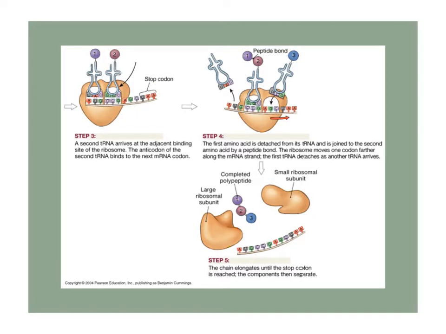Is it there? Yeah, I skipped one. Okay, here it is. I hit it twice, I guess. So anyway, as they do this, they will move off and be reused. The transfer RNAs will pick up more of the specific amino acids they can carry. And then as they do this, bonds form between those amino acids until eventually you have the protein.